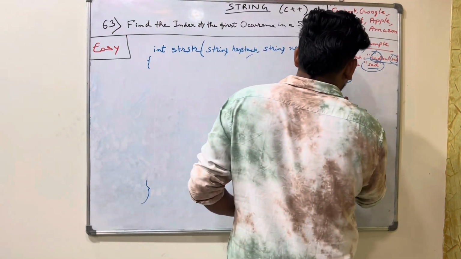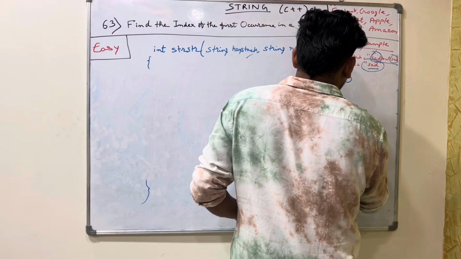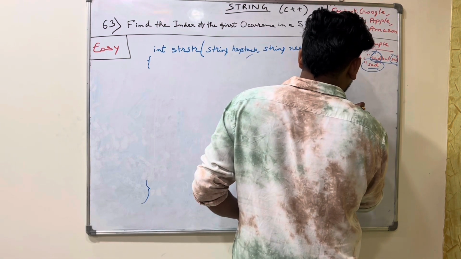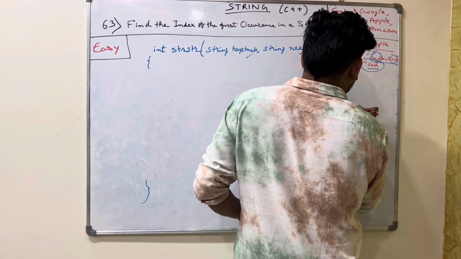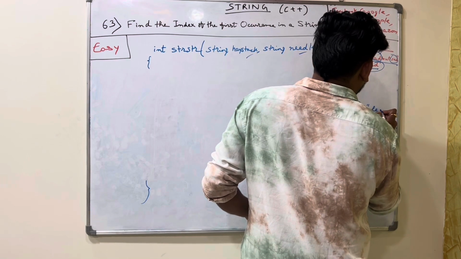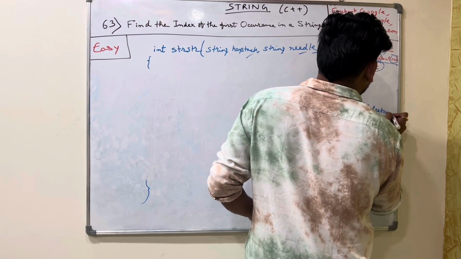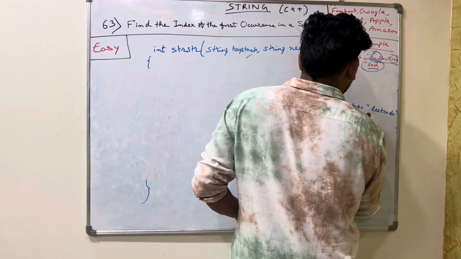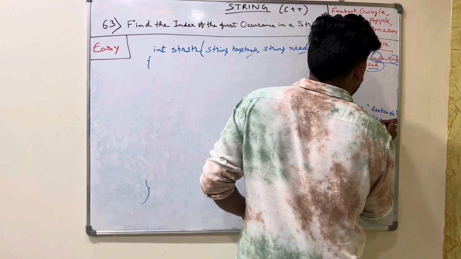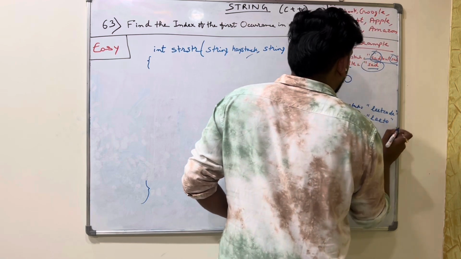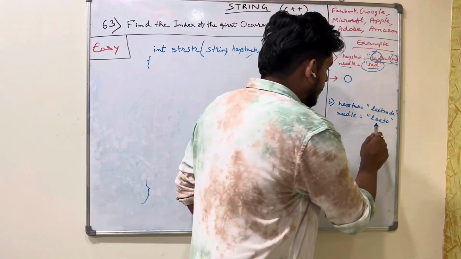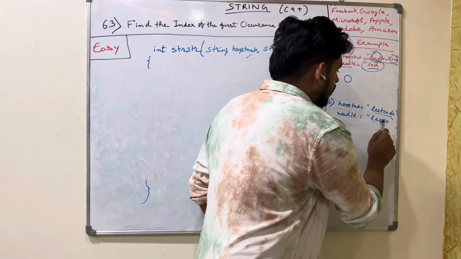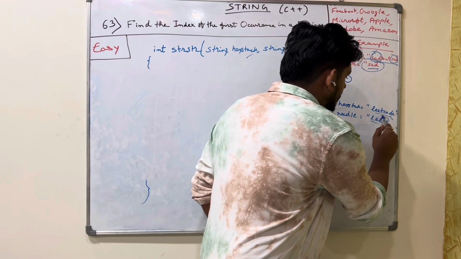Say if we look at another example, if we have a string haystack as "leetcode" and needle as "leeto". Okay, now what do we see in "leeto" and "leetcode"?